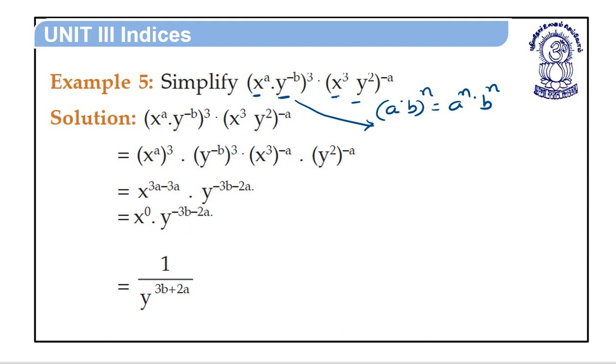Same way here, (x raised to a cube) whole cube into (y minus b) whole cube into (x cube minus a) (y square minus a) is equal to x raised to a into 3, so 3a.